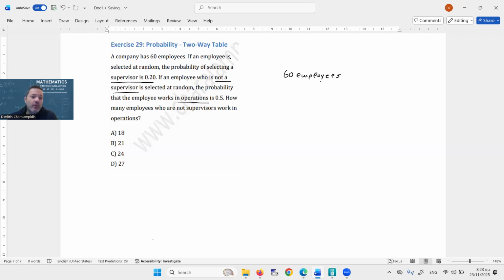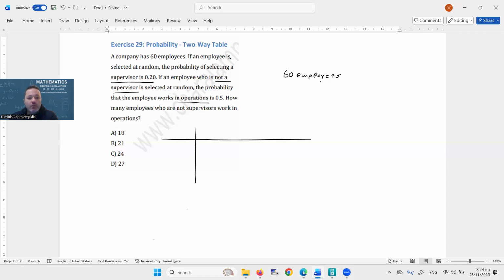Okay, so from the way this exercise is set, we can clearly see that it gives us two characteristics regarding the employees. The one is that they might be working as supervisors or not, and the other one is that they might be working in operations or not. So with these two, I could construct a two-way frequency table.